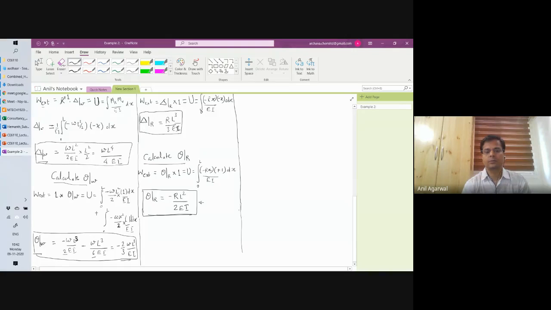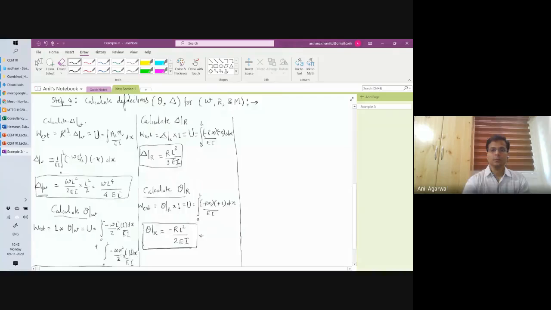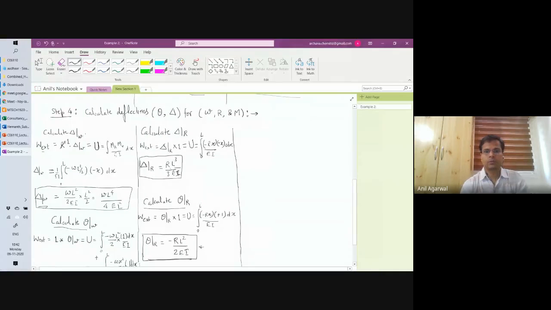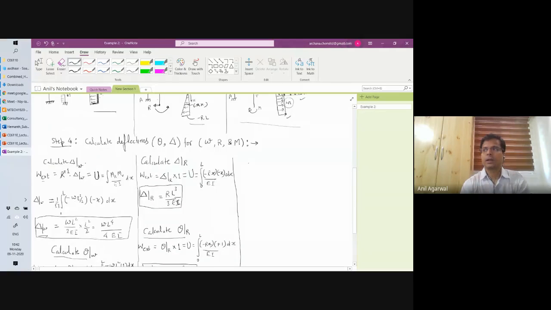These are the two different terms of the flexibility matrix. Fine. So for a unit R, how much is the deflection? For a unit R, how much is the rotation? This is flexibility. There are 3 unique terms, 4 terms in total, in the flexibility matrix. Next step would be to calculate delta because of M. Fine. So again, W external.